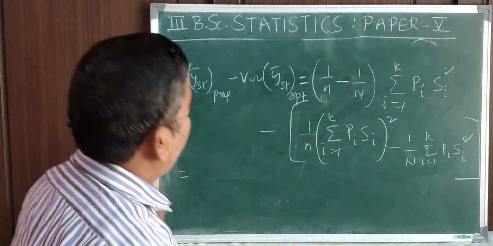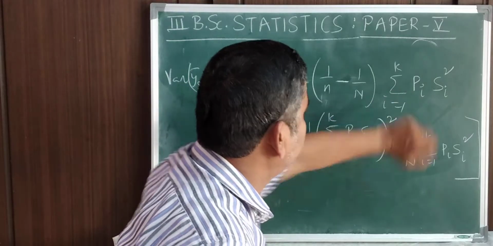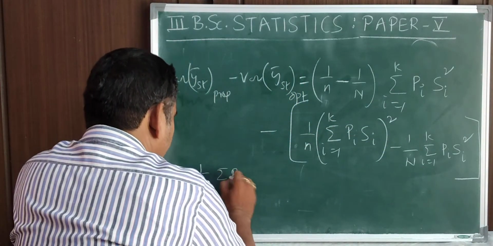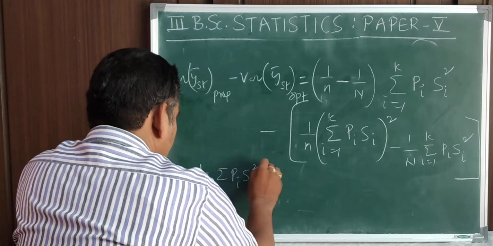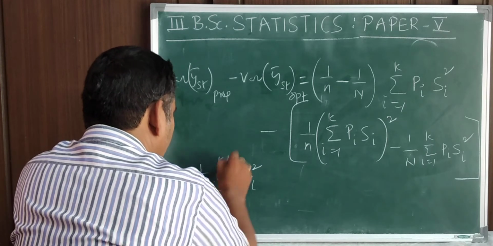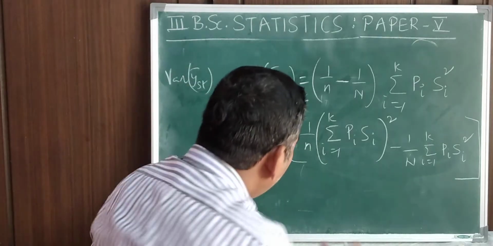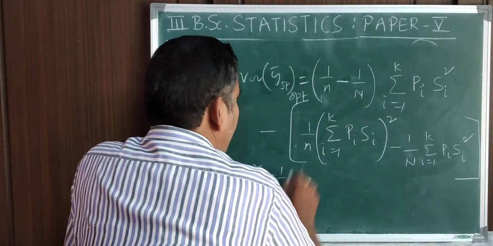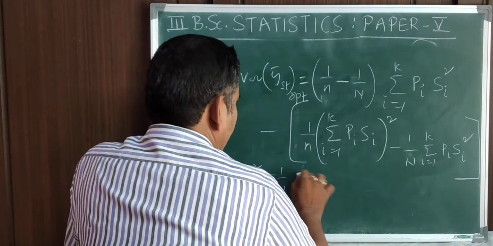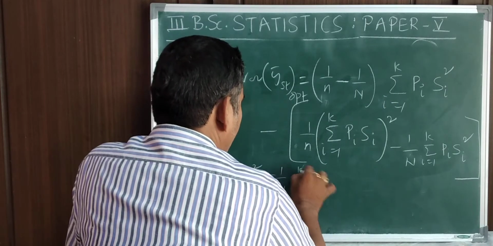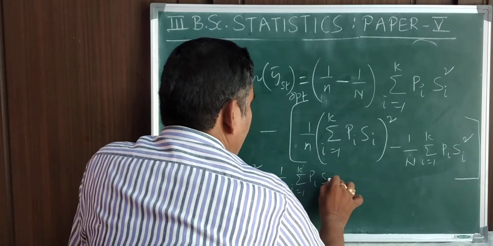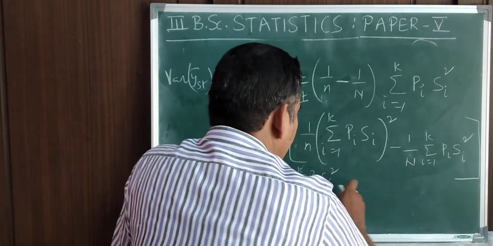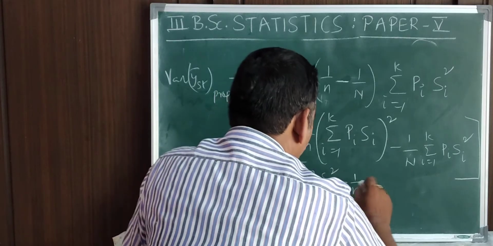Multiplying 1 by small n with summation Pi Si square, it is 1 by small n summation Pi Si square. Summation always runs from 1 to k, please remember. Then minus 1 by capital N multiplied with summation i is equal to 1 to k, Pi into Si square. Now minus of this term. These are separate terms, so we can simply write the formula.